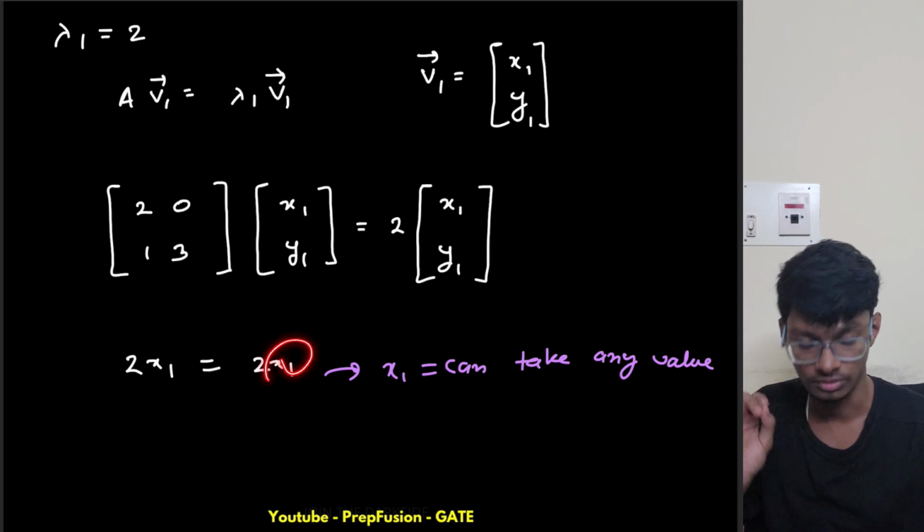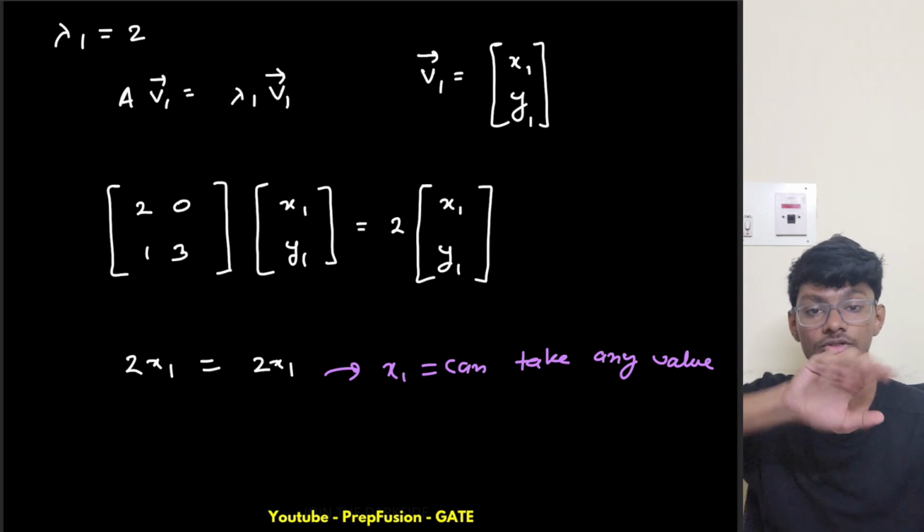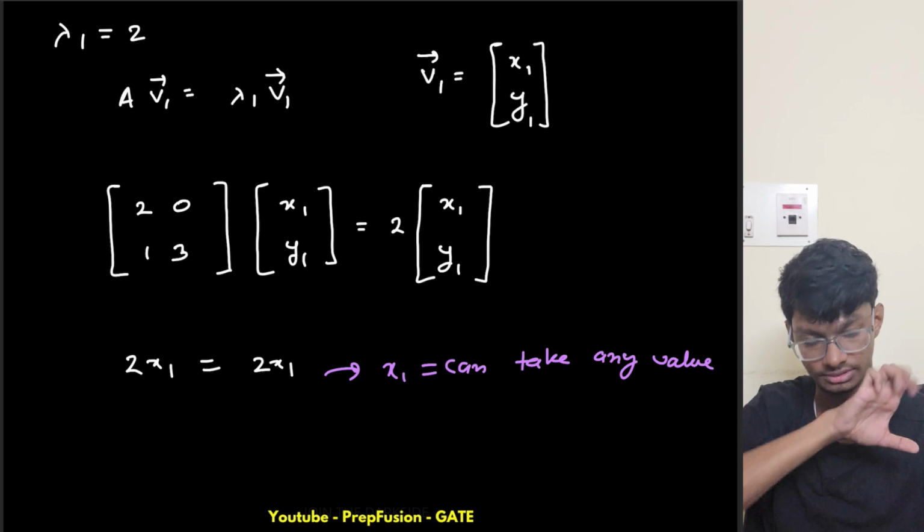For any value of x1, you put x1 equals 0, you put x1 equals minus 1, this equation always satisfies. That's why I wrote it like this.